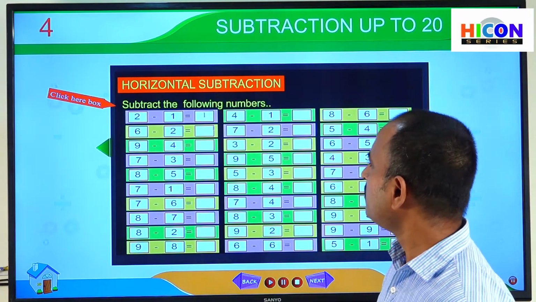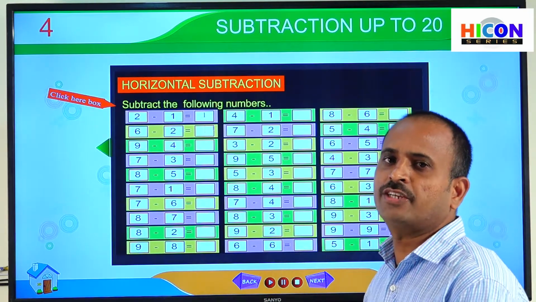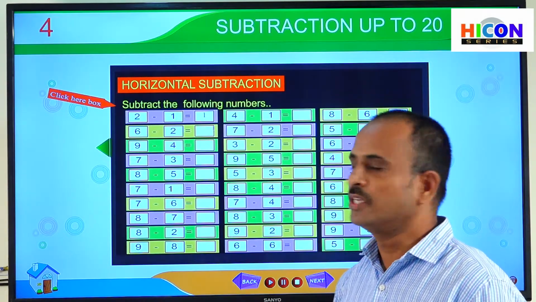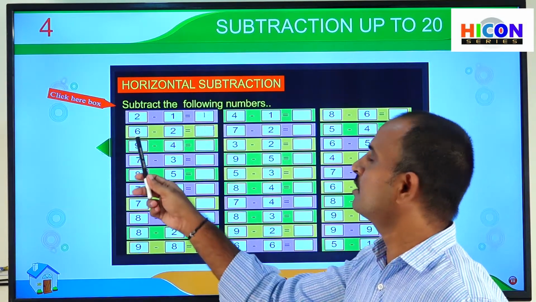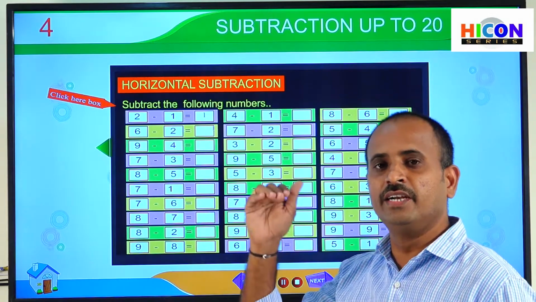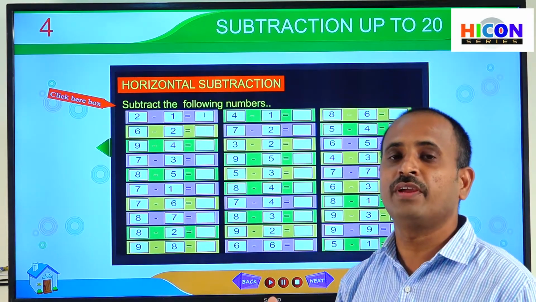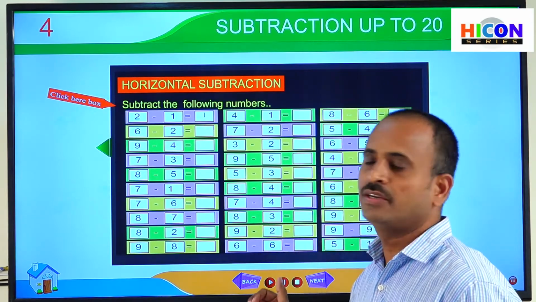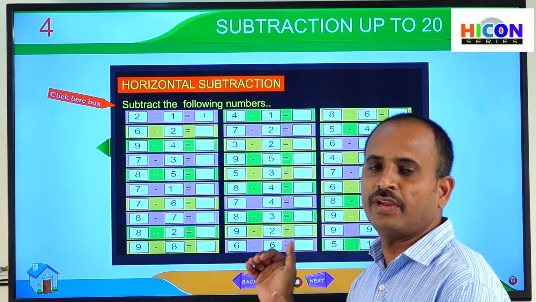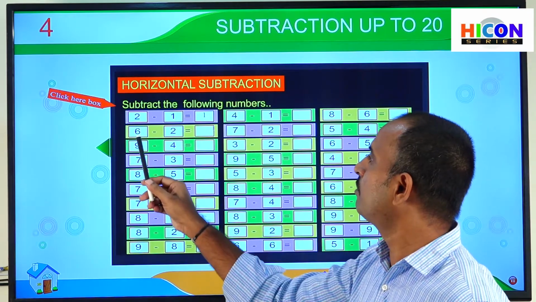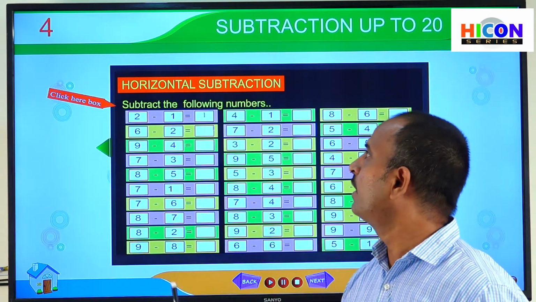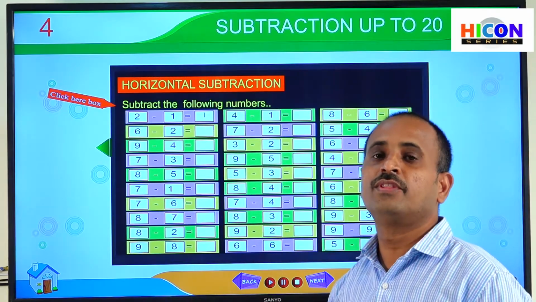So children, while doing subtraction with fingers, we have to open the fingers equal to the first number in the subtraction. Whereas in addition, we opened the fingers equal to the second number. So remember this point while doing subtractions with the fingers.